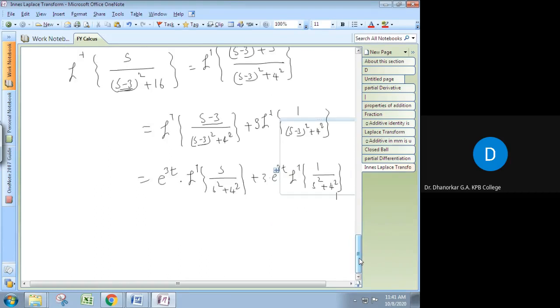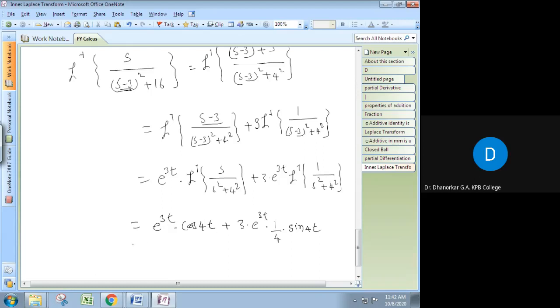This is equal to e raised to power 3t into cos of 4t, this being the Laplace transform of cos 4t, plus 3 into e raised to power 3t into, now here this is for sine, but here it should be 4. 4 is not there, therefore I will multiply by 4 into sine of 4t.